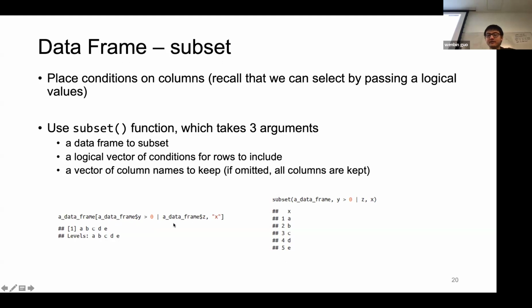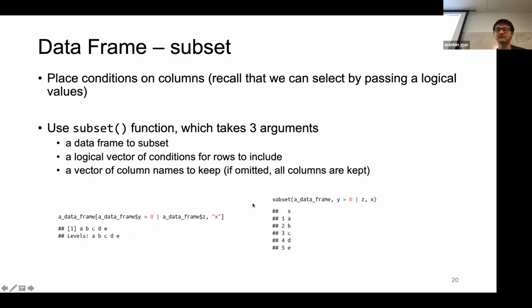The second part is another condition, and you put an or operation here. The whole thing gives you a vector of true or false values, which we specify as the row indexing vector, so it selects the rows for you.